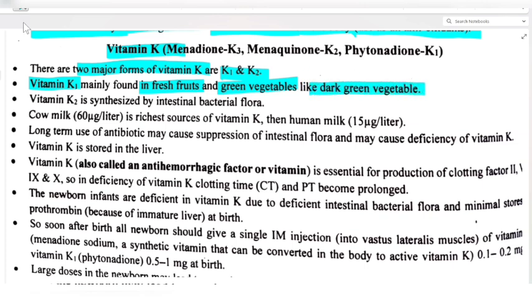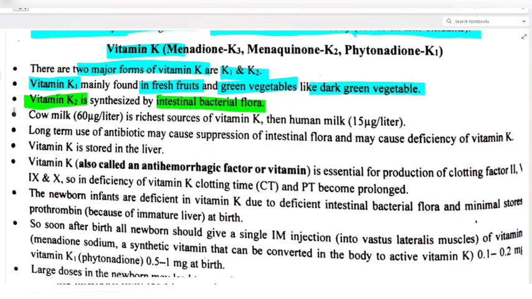Then vitamin K2 is synthesized by intestinal bacterial flora. So first one is found in fresh fruit and green vegetables like dark green vegetables, and vitamin K2 is synthesized by intestinal bacterial flora.